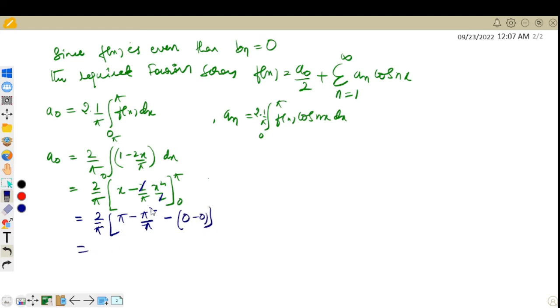So this pi and 1 pi get cancelled. So this is 2 by pi, pi minus pi, that is 0. So the value of a naught is equal to 0.